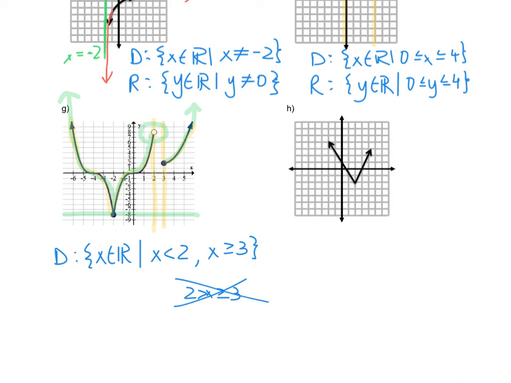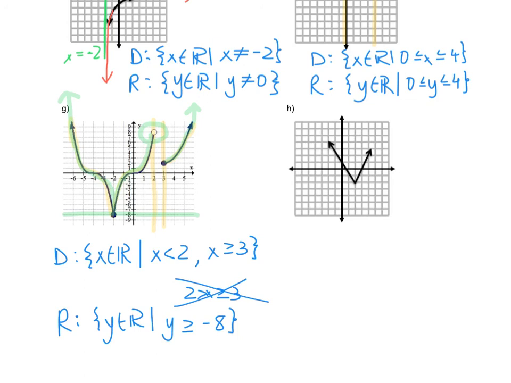So the only restriction I have on my range is that y has to be greater than or equal to -8. So range. Y is an element of all real numbers such that y is greater than or equal to -8, and it's equal to -8 because it is a closed point at -8.